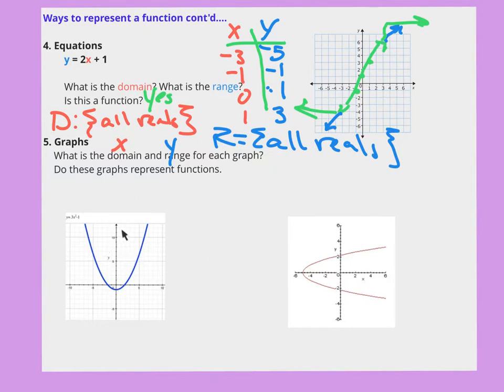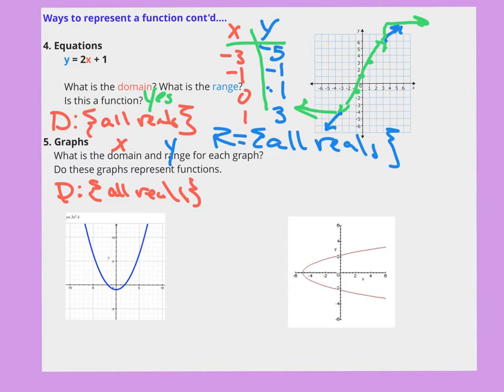I'm going out this direction. So even though I'm going up, I'm still able to put in x values off to the right. I can still get x values off to the left. So my domain here, because I'm looking at my x values, is going to be all reals.